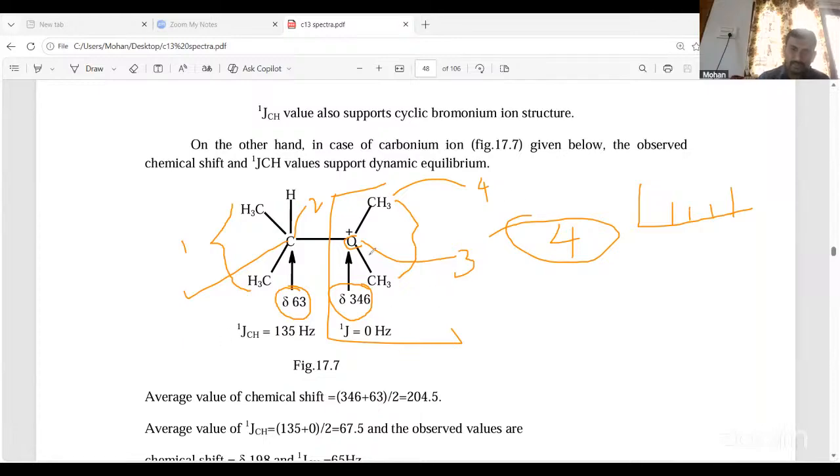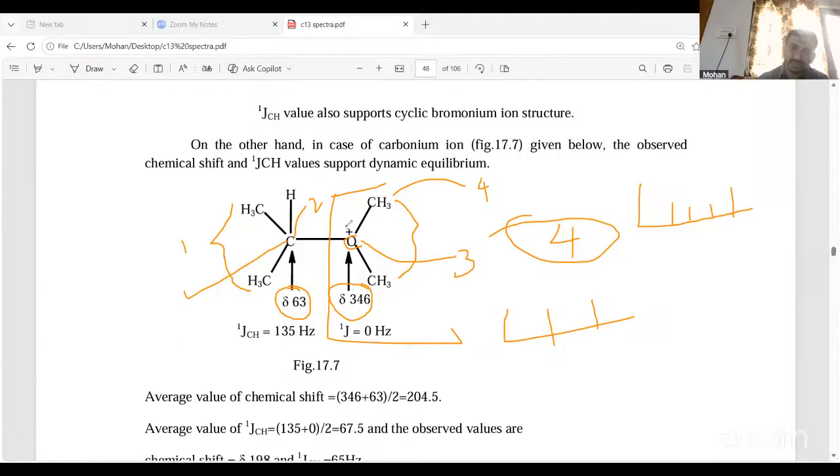Here we are getting two signals, which means there must be two carbons, but here we are observing four different carbons, right? So getting two signals instead of four indicates that this compound is undergoing dynamic equilibrium.